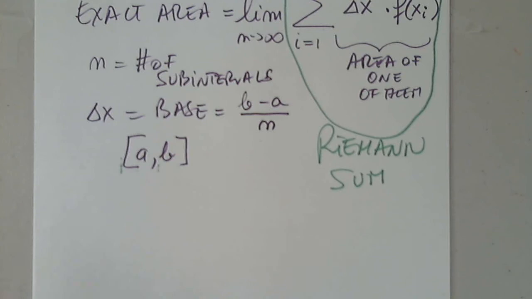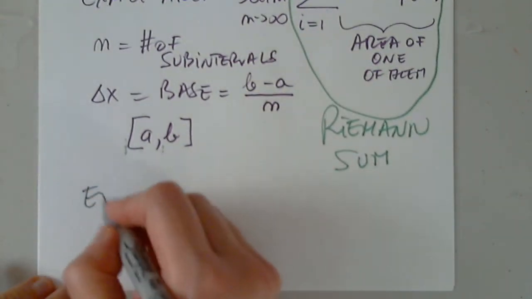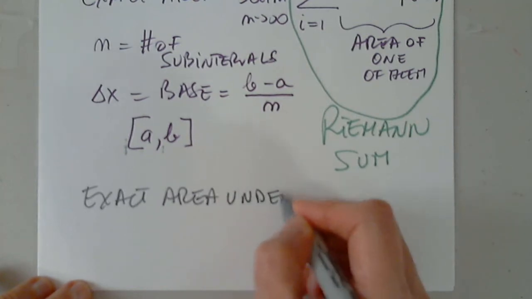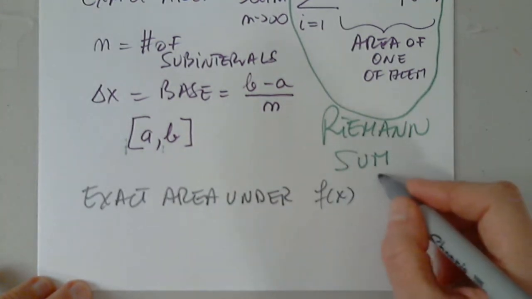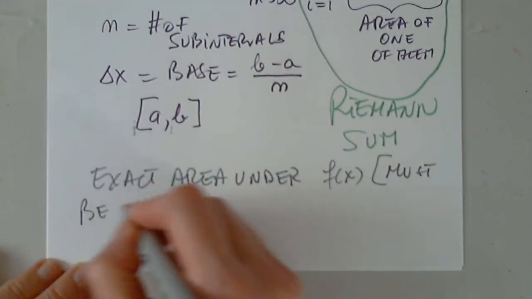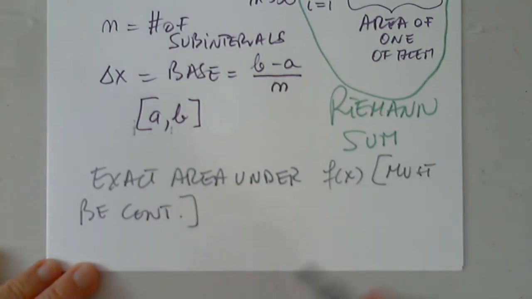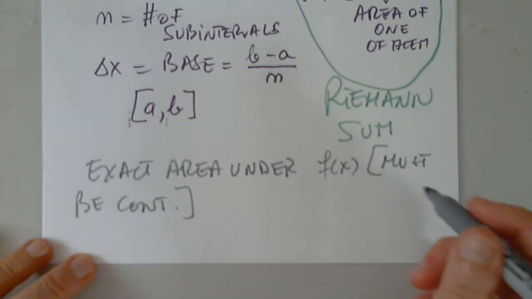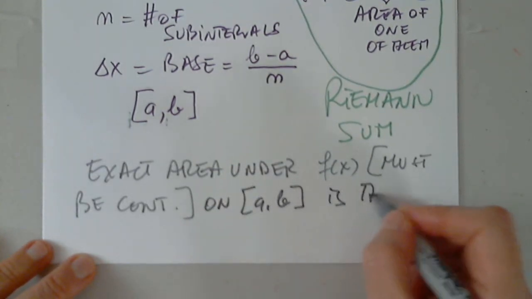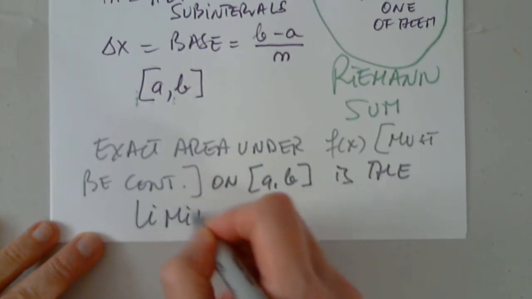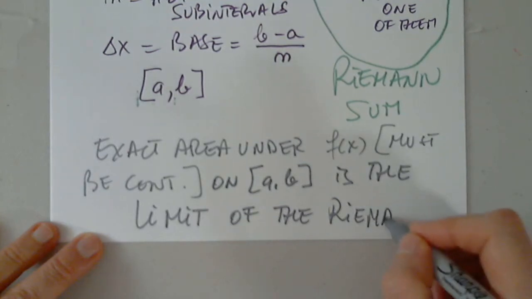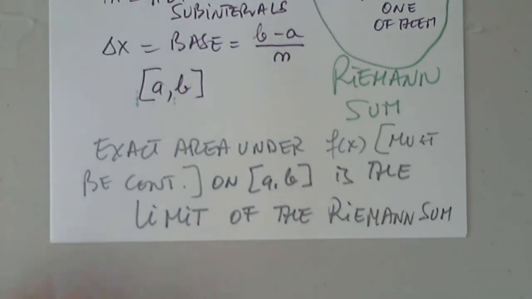So in short, the exact area under f of x, and I put in parentheses, f of x must be continuous, the exact area under f of x, which must be continuous on the interval a comma b, is the limit of the Riemann sum.